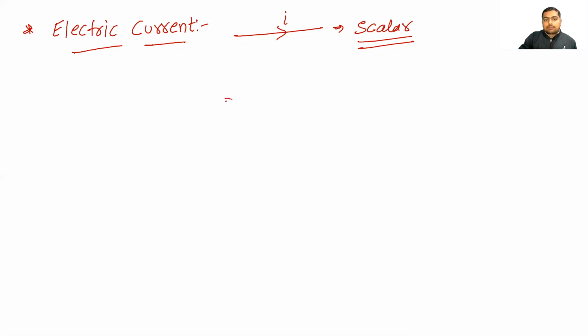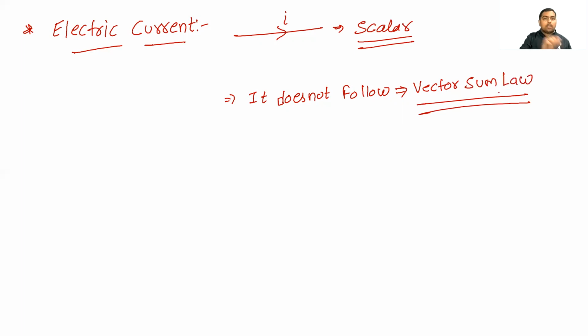The answer is it does not follow which law? Vector sum law. Vector sum law. That's why it is a scalar quantity. So what is missing in the definition of vector quantities?